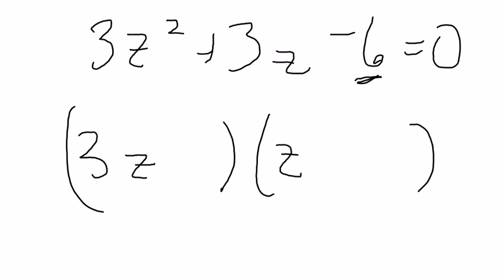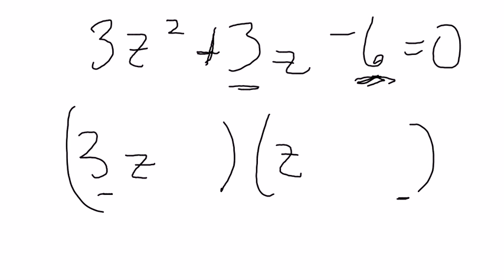The combined has to equal 3. But remember, I'm going to be multiplying the 3 by whatever this number is over here, so that's actually going to change the number a little bit. I need to multiply to get negative 6. We're going to use 2 and 3, but where can the 3 go and where can the 2 go, so that I get a positive 3 in the middle when I'm done multiplying and combining like terms?